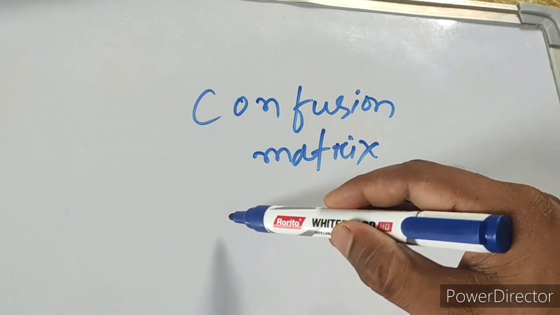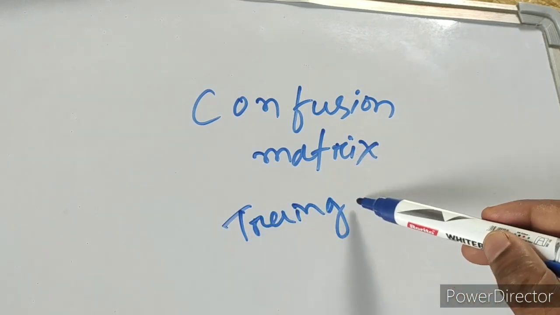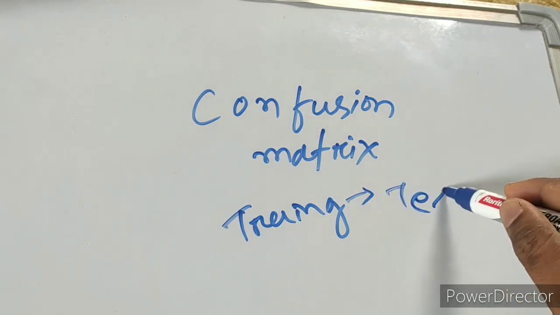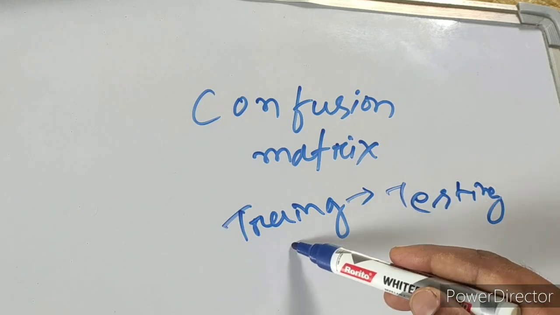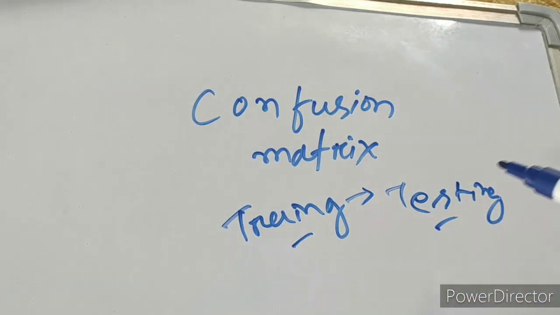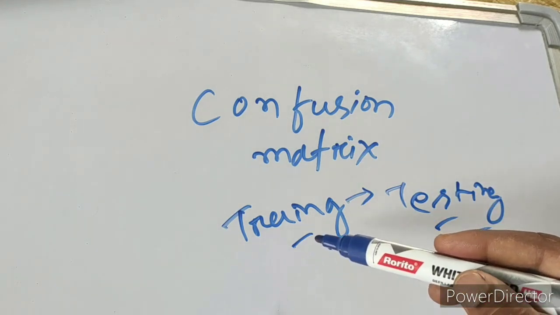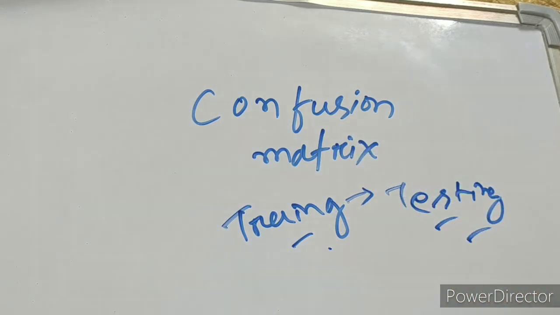As we know, we are training our data, and after training we are testing our data. So the model is trained first, then it is tested. After testing the model, we want to check how the model is working, how proper the model is, and for that we are using confusion matrix.